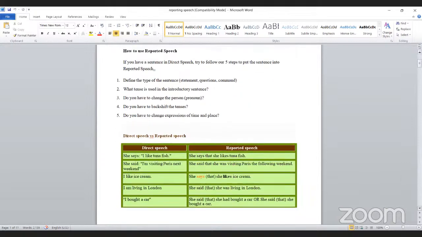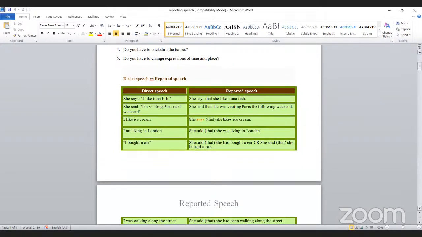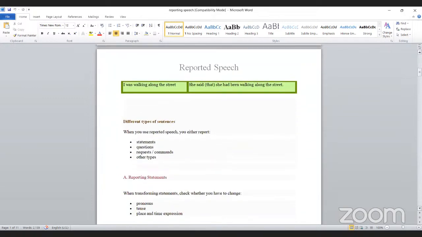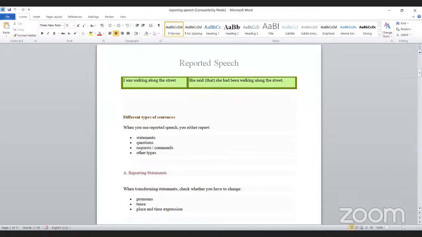And when we are talking about reported speech, what we need to know is that there are statements, questions, requests and commands, and other types. There are 4 types, right? We can make reported speech for these 4 types.